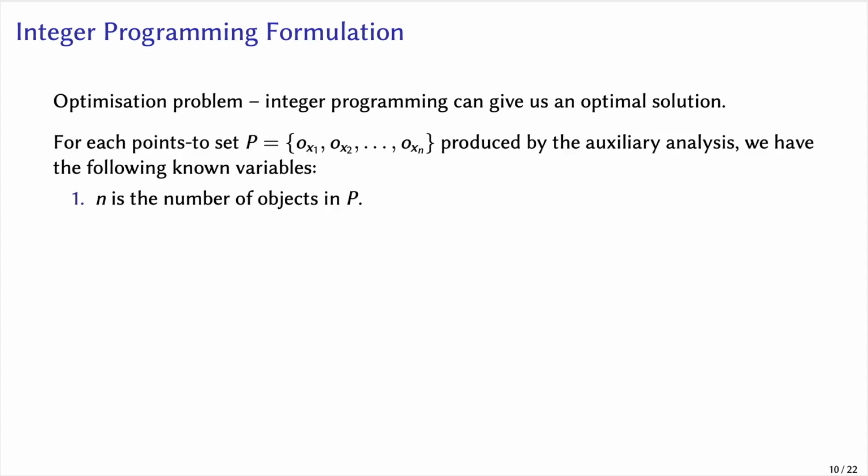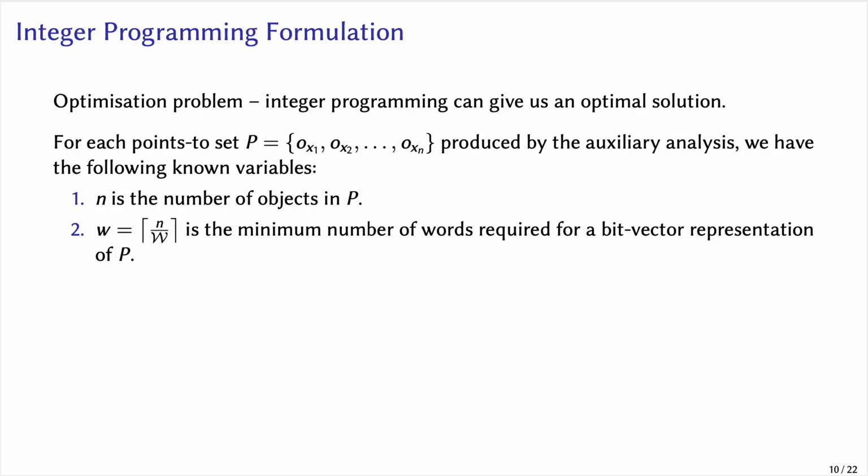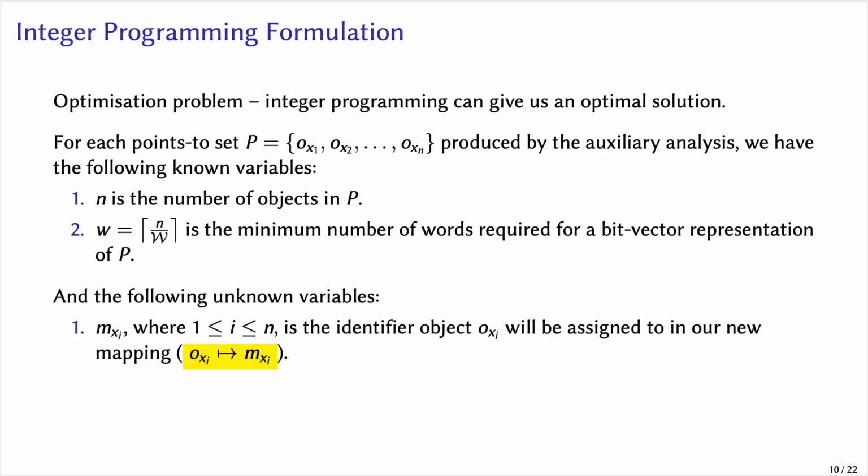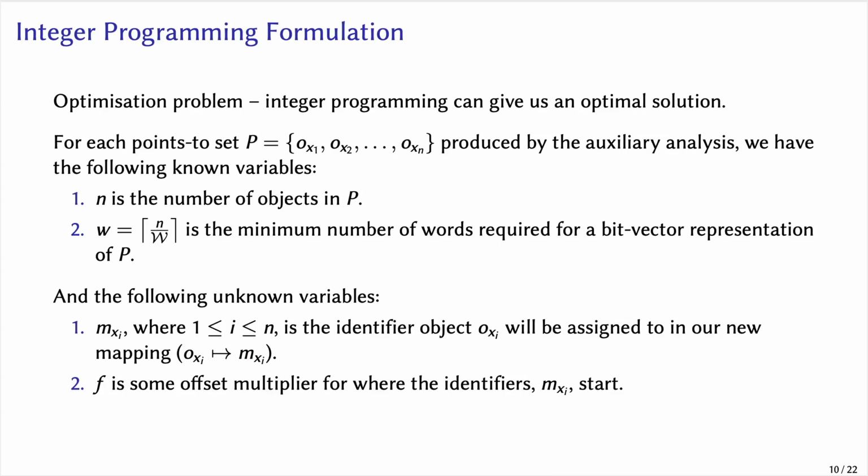The known variables are n, which is the number of objects in P, and small w, which is the least possible number of words required to represent P as a bit vector. For unknown variables, we have m subscripted by x subscripted by i, which represent the map to identifiers of the corresponding object O, and we have some f, which is an offset multiplier for where the m identifiers may start, or the least possible identifier.